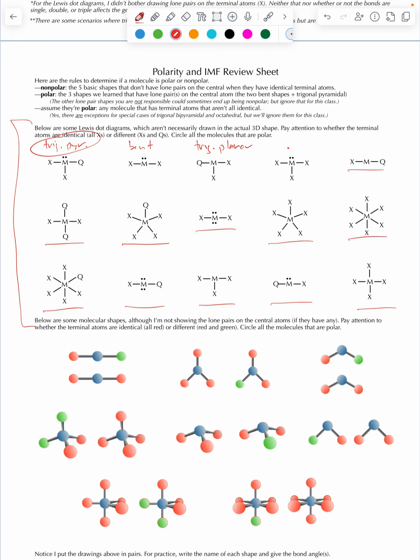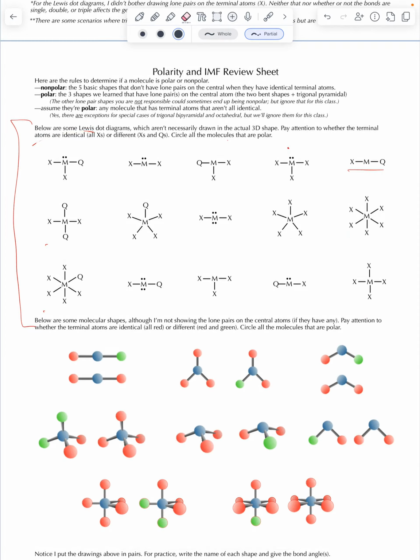So be able to identify the names of those shapes based on the Lewis diagrams. Of course, we can say the same down here, and I'll just show you the answer key later. But now, as far as identifying if they're polar or not, that's what I was saying up here: if it's identical terminal atoms and one of the shapes that doesn't have a lone pair on the central atom, it's nonpolar.